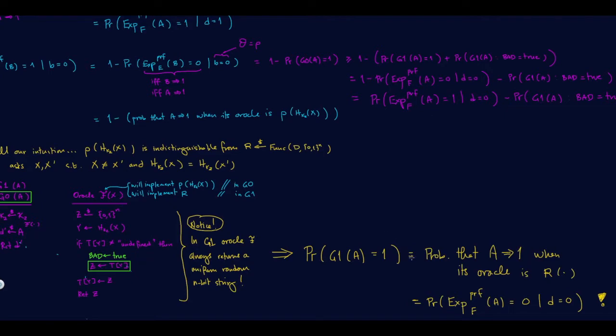And we just said a moment ago down here that the probability that G1 outputs 1 when running with A, that's exactly this. So we got that from down here. This we just get by distributing this minus sign through here. And notice that 1 minus this thing is exactly the probability that the PRF experiment outputs 1 when d is equal to 0, right? It's just playing our trick in reverse.